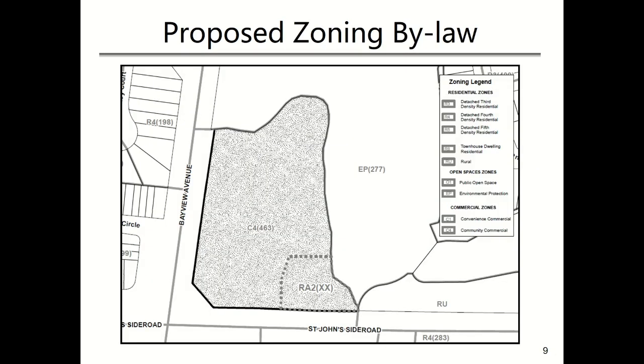The applicant is also proposing to rezone the subject lands from Community Commercial Exception Zone to Second Density Apartment Residential Exception Zone. This exception zone will recognize site-specific provisions, which generally include recognizing the area of the subject lands, the 0.31 hectares, a residential apartment building as a permitted use, the height permission of 6 stories or 18.5 meters, a reduced front and interior side yard setback of 3 meters and 1.5 meters respectively, a lot coverage of 47%, a minimum amenity area revision, and a reduced visitor parking rate from 20% of the total spaces required to 8%.